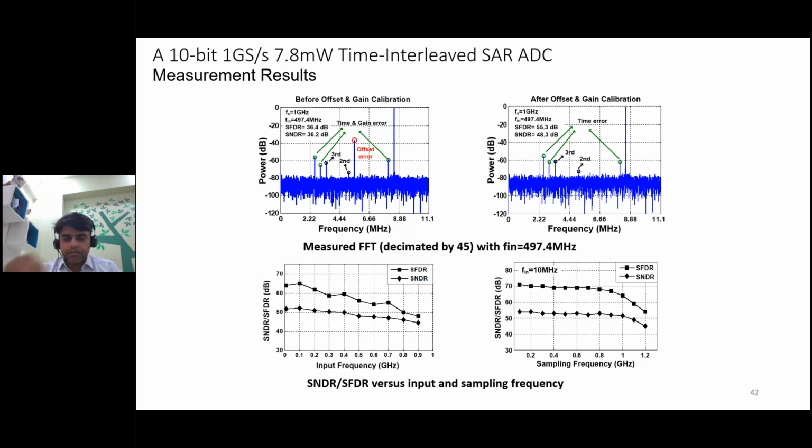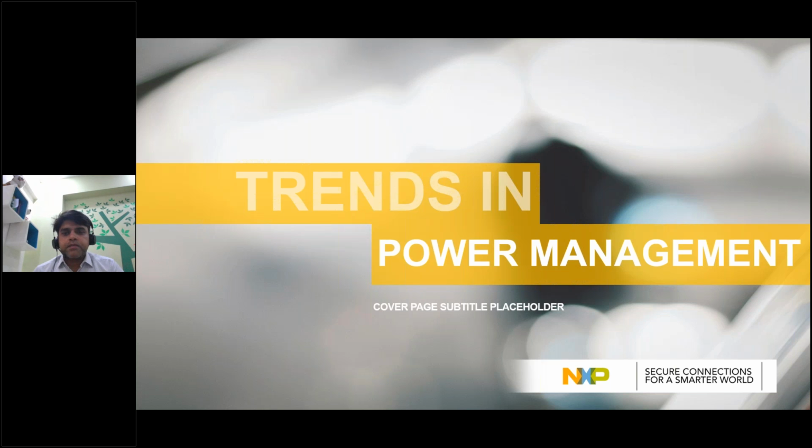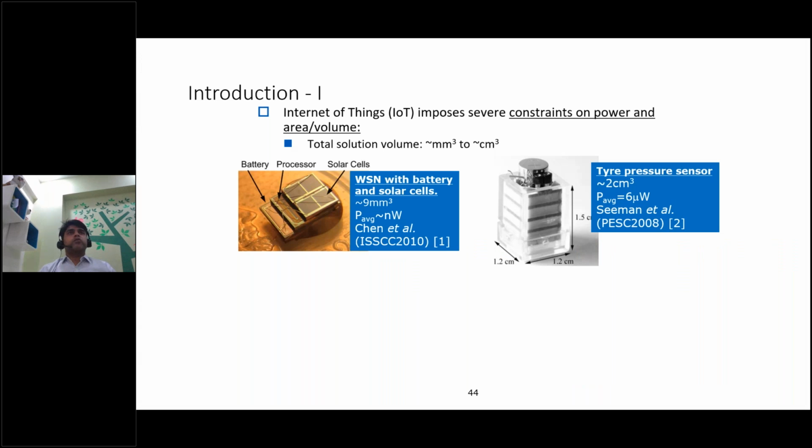Next slide please. Another important thing, I'm not going to touch everything, but data converters are extremely important, and I'll try to close my presentation in the next 5-6 minutes. Another most important thing is power supplies.